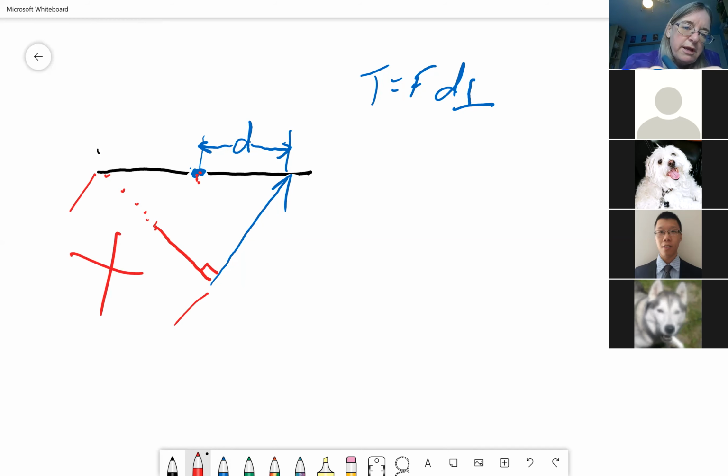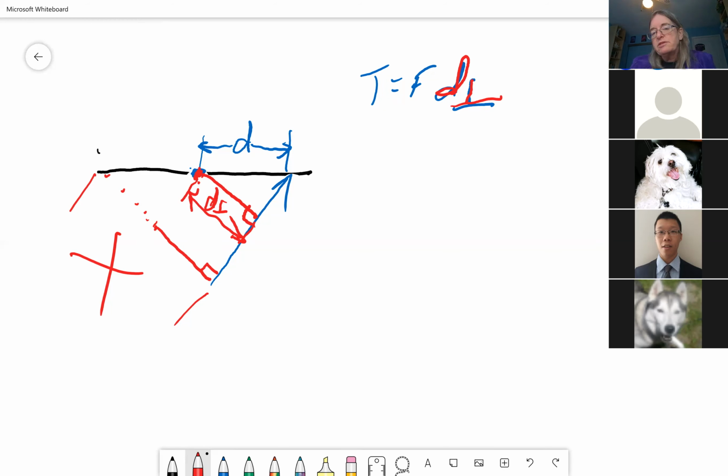But if I drew a line right here, it's 90 degrees to the line of action of my force, and it passes right through my axis of rotation. This right there is the moment arm. Thank you.